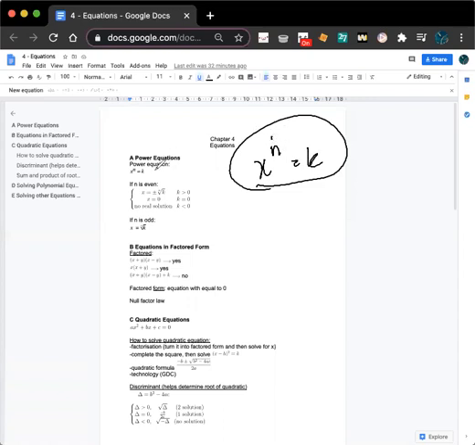I don't recall that you need to specifically remember this term. You just need to know its general properties along with this format.